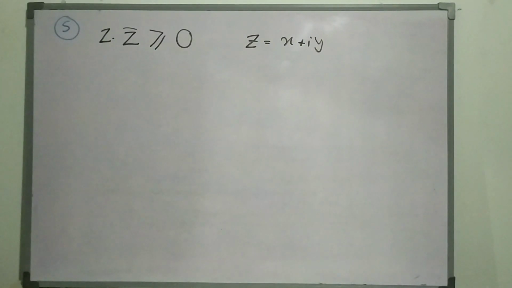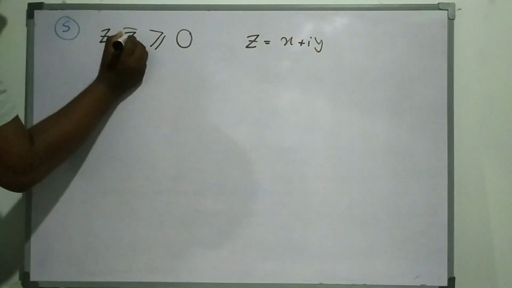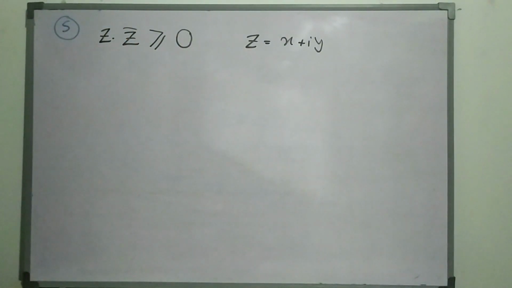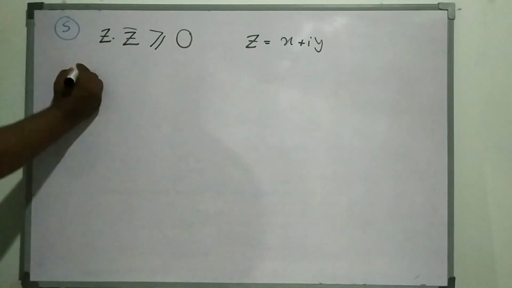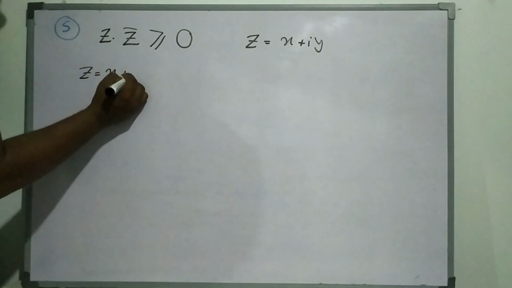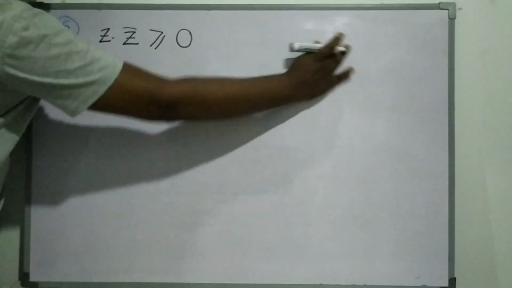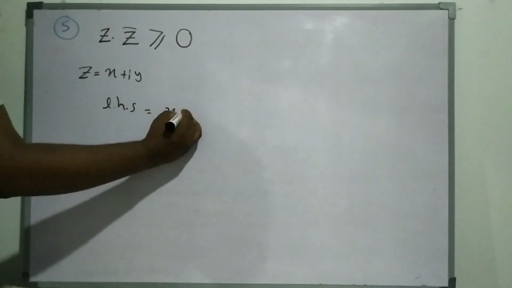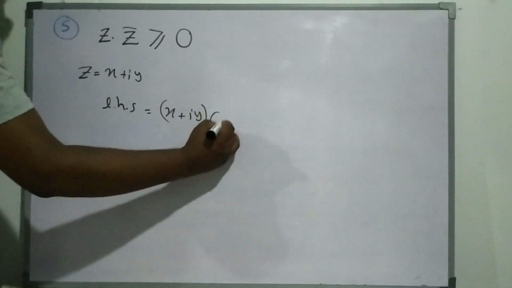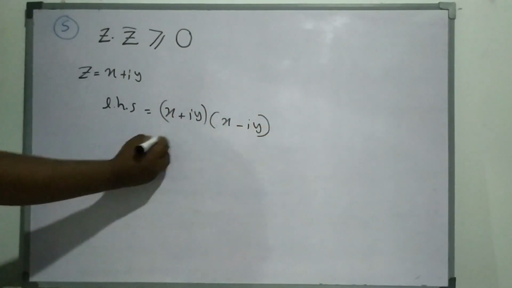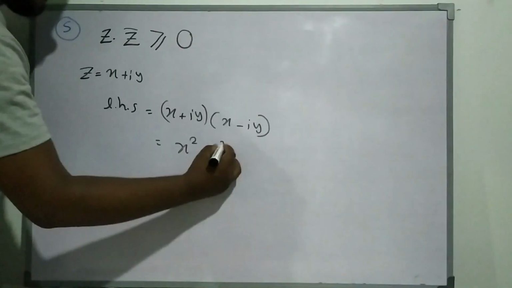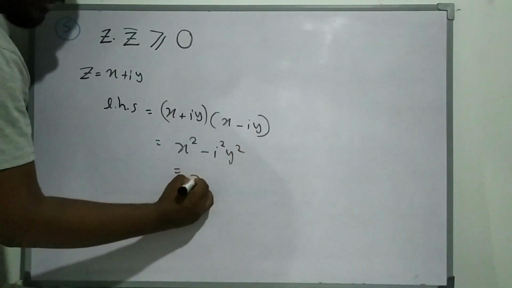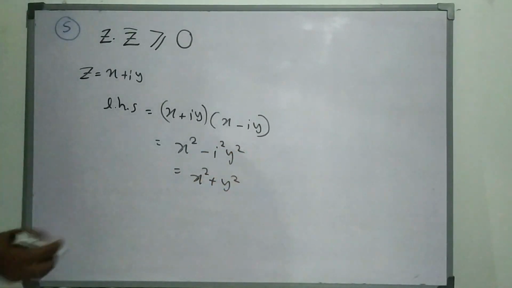Okay, next, move to the fifth theorem, which is that z and z bar product is always greater than or equal to 0. So z is x plus iy, they have given it, and the left hand side is (x plus iy)(x minus iy), so it's x squared minus i squared y squared, which is x squared plus y squared, right?